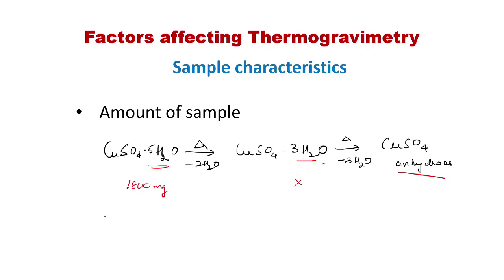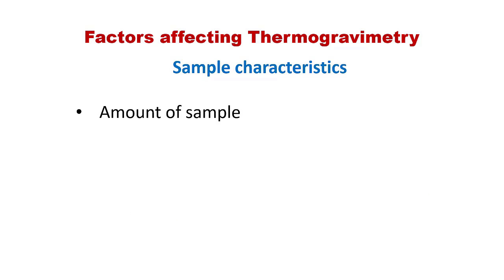But if we are taking 0.426 milligrams, then copper sulfate 5H2O getting converted to copper sulfate 3H2O, our intermediate, will also be shown. Then comes the anhydrous copper sulfate. So the amount of sample also is important to detect the intermediates.